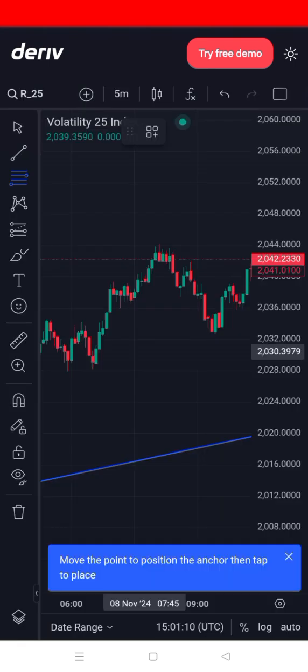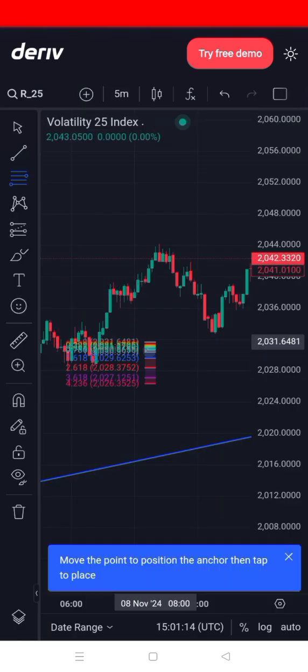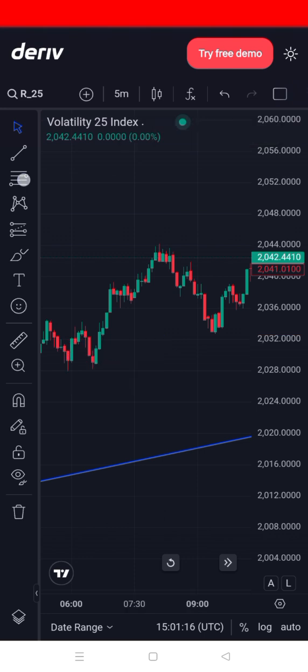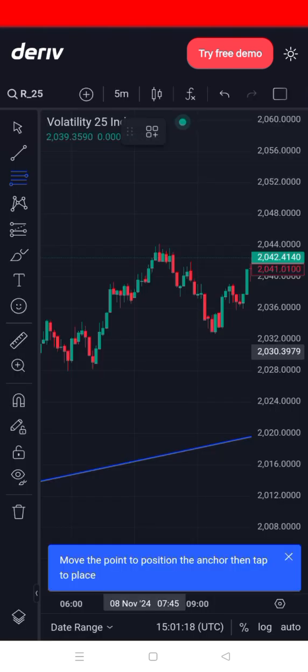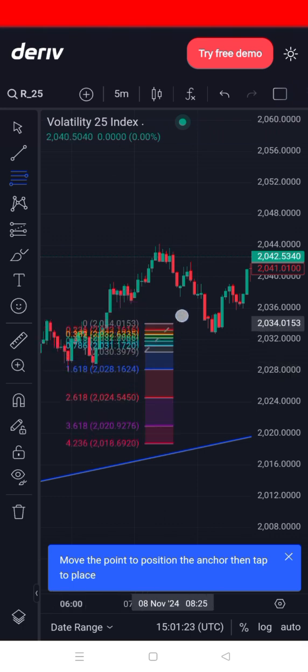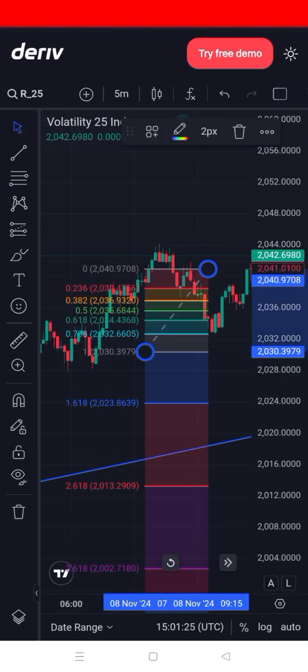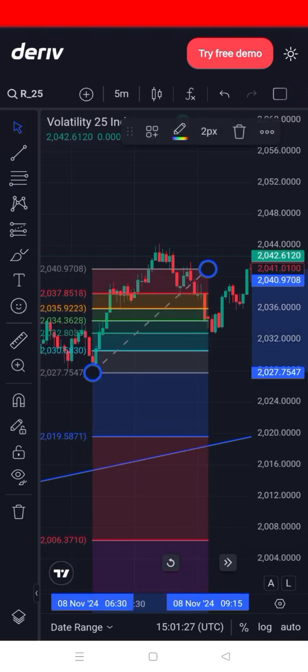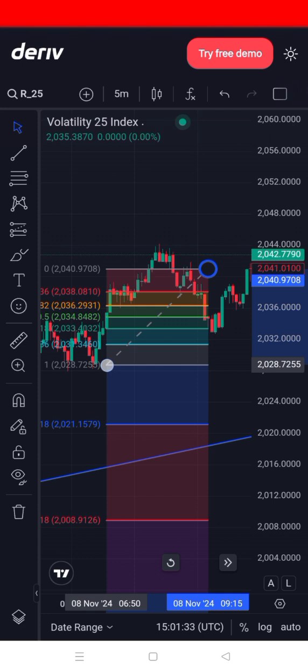Fibonacci retracement, and I have taught about how to use the Fibonacci retracement, guys. So if you are watching this and don't know how to use this Fibonacci retracement tool, kindly go back to the videos and look at how to use it. I've shown you this strategy, and it works very well.